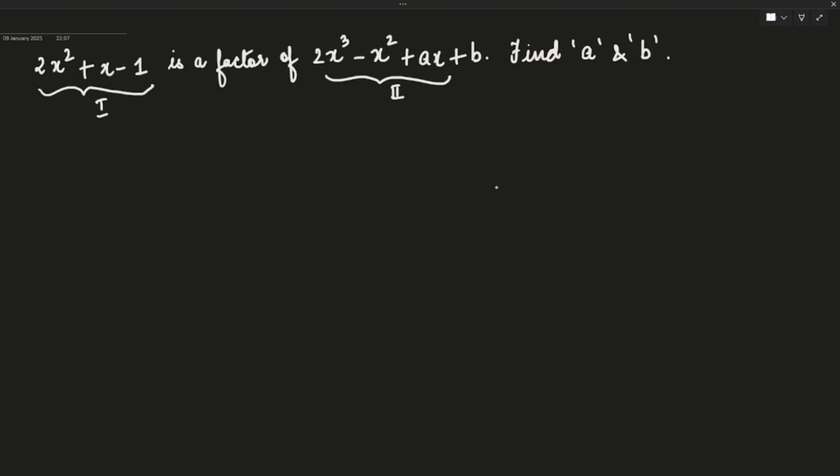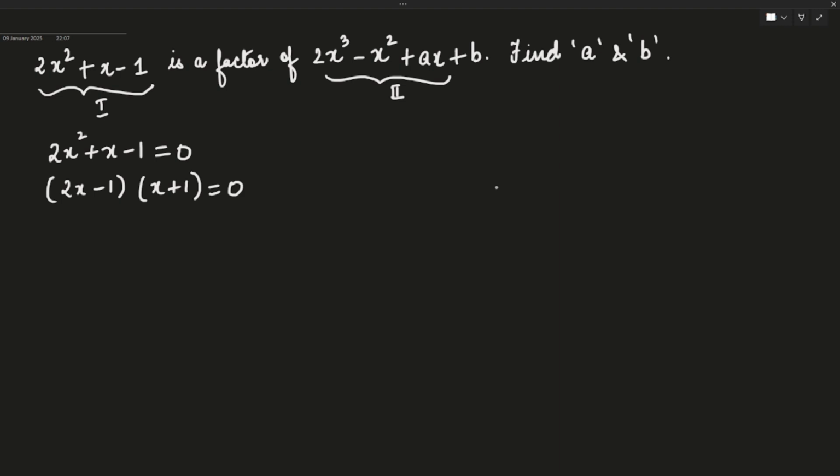So 2x squared plus x minus 1 is equal to 0, and we'll find the values of x. When you solve this by splitting the middle term, you get two factors: 2x minus 1 and x plus 1 is equal to 0.